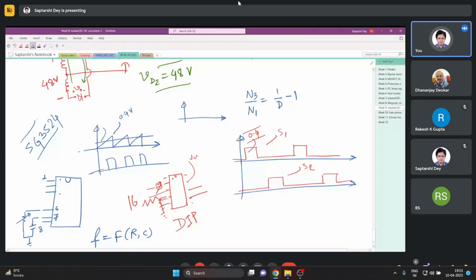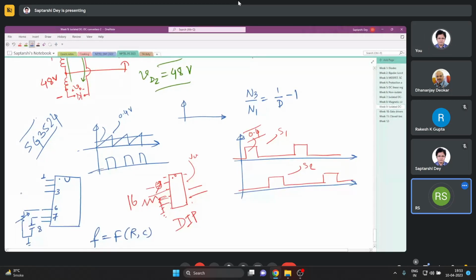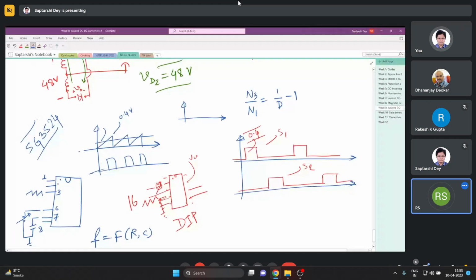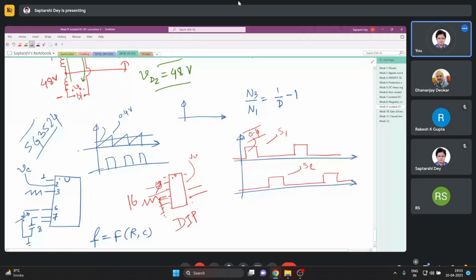Most probably at pin number 3 you will see the sawtooth if you put the oscilloscope there. And most probably at pin number 2 you have to give the VC.